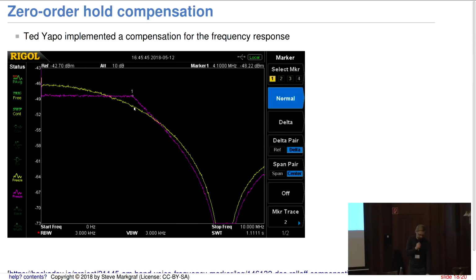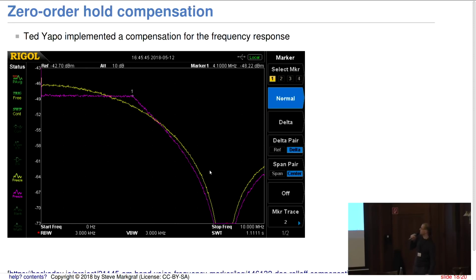The yellow trace is actually the frequency response of the DAC with, I think, the sample rate in this case of 8.192 megahertz. So this is down here somewhere, and so you get this response.